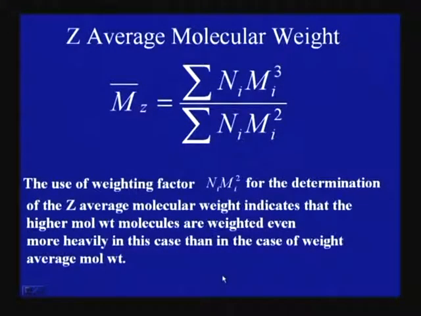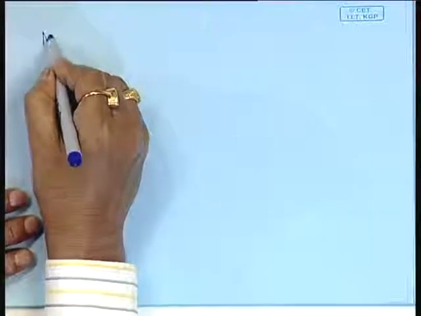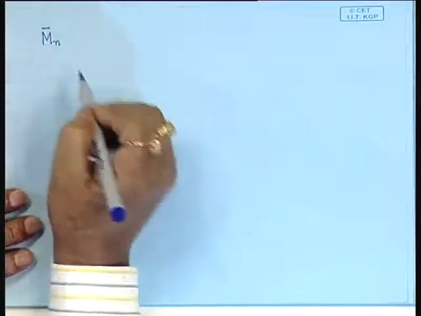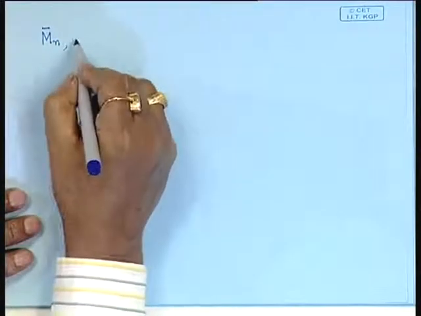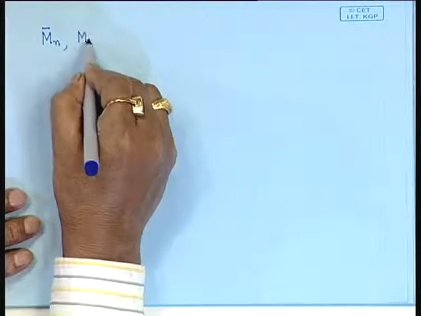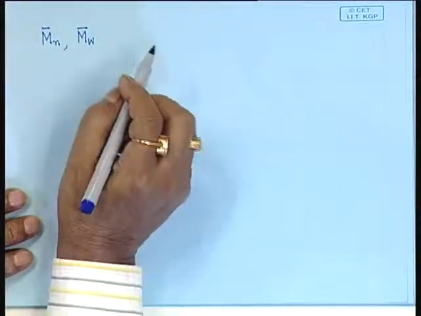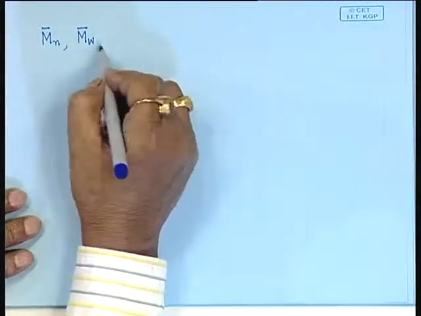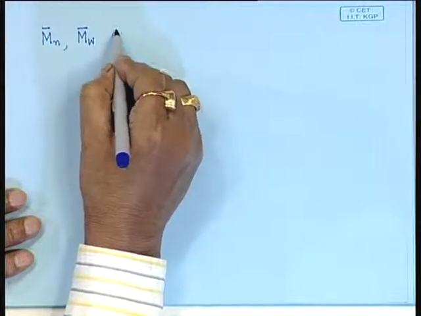Another parameter comes: Z average molecular weight. So, what we have seen? We have seen that we can get number average molecular weight, weight average molecular weight, and Z average molecular weight.